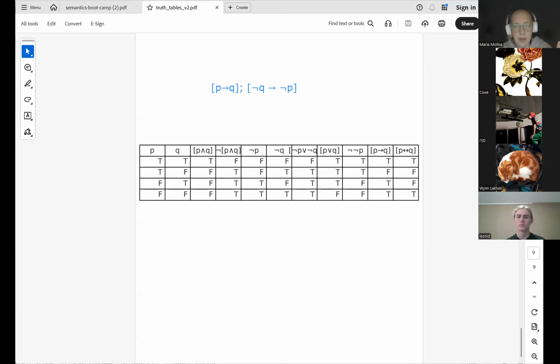I need to think of a formulation of this. De Morgan's law. One moment. We'll get this formulation. Okay. Two forms.